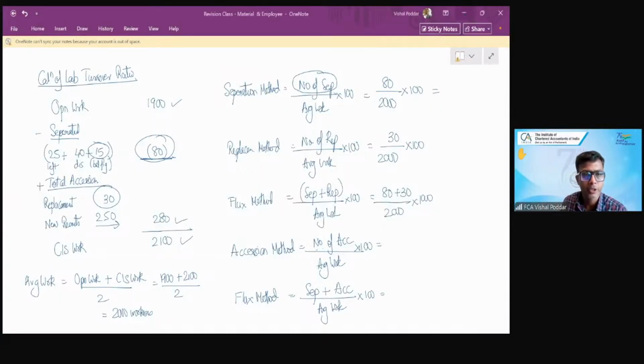Now, when I go by accession, accession is 280. So it is 280 upon 2000 into 100. And then finally, flux of separation, which was 80, plus accession, which was 280.